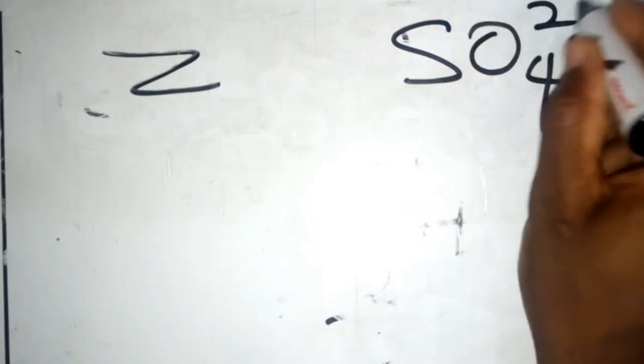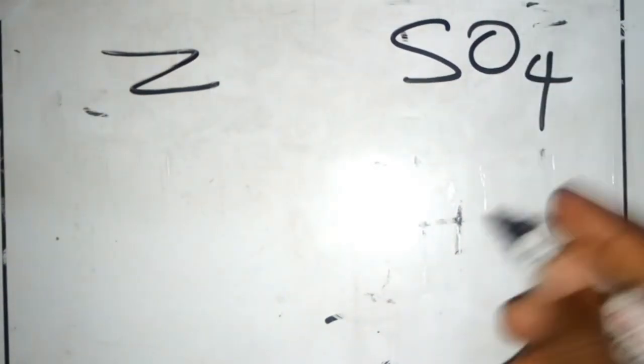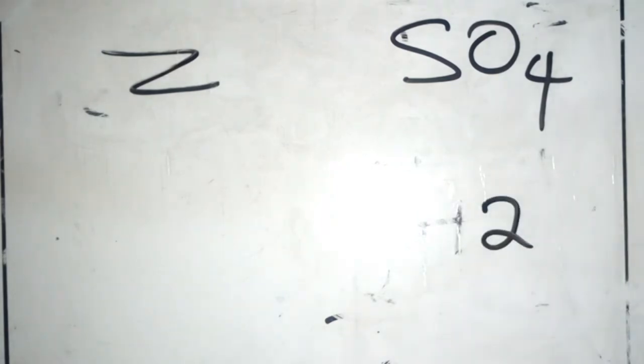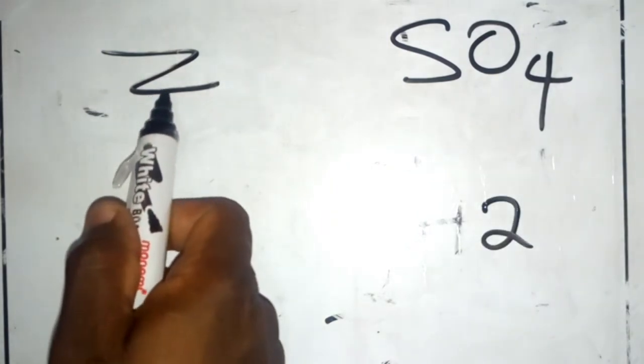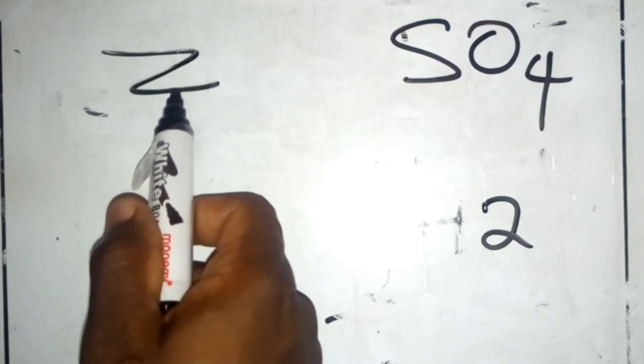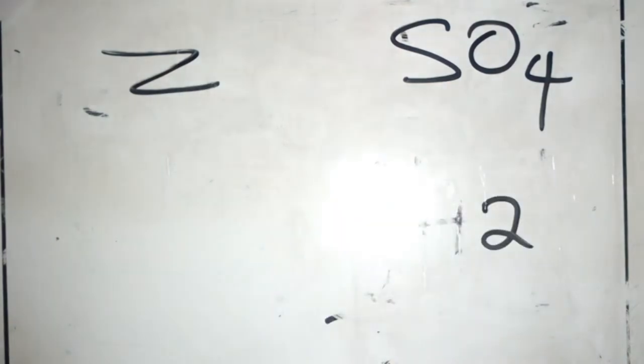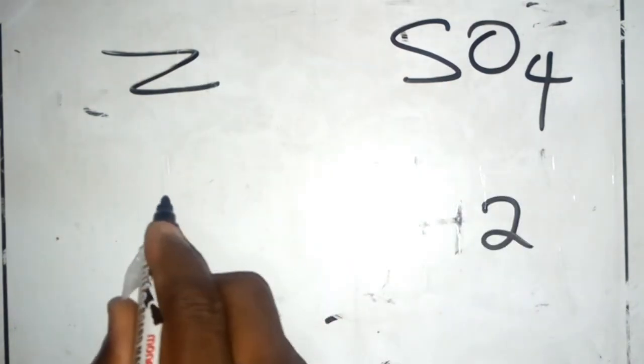It has a valency of 2. I want to put it here. Since Z is 13, aluminium, and aluminium is in group 3, that's a valency of 3. So I'm going to put that here.